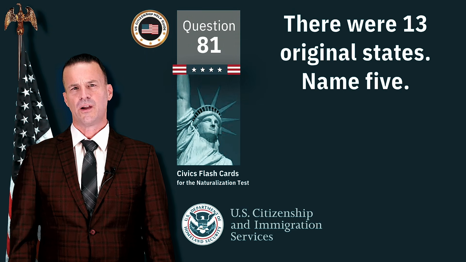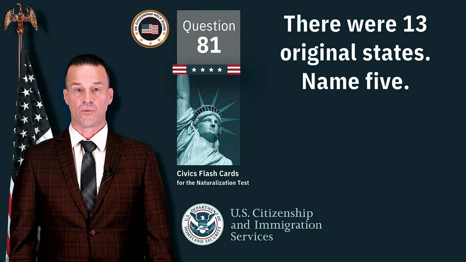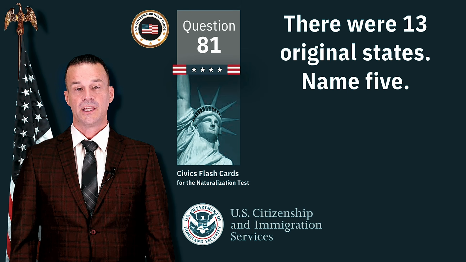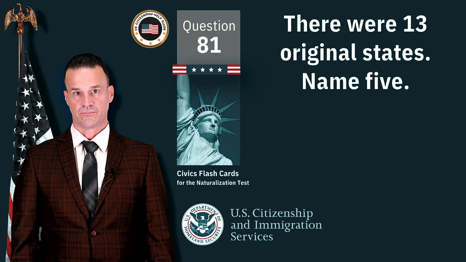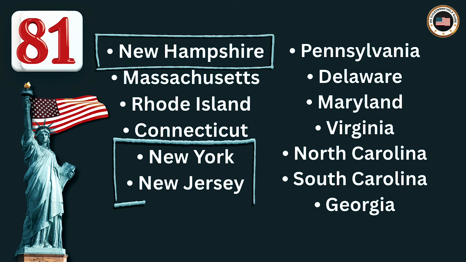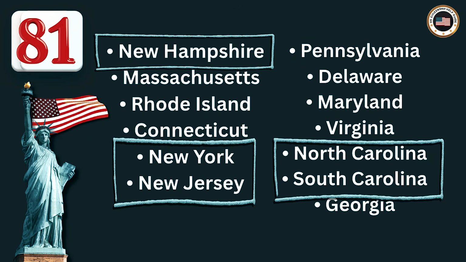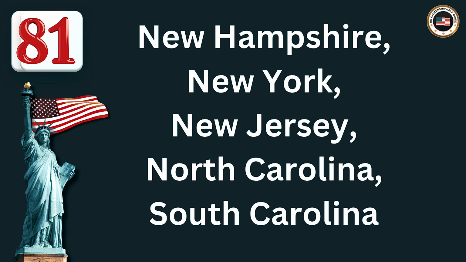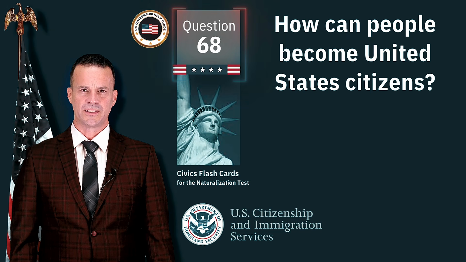81. There were 13 original states. Name 5. New Hampshire, New York, New Jersey, North Carolina, and South Carolina. 68.